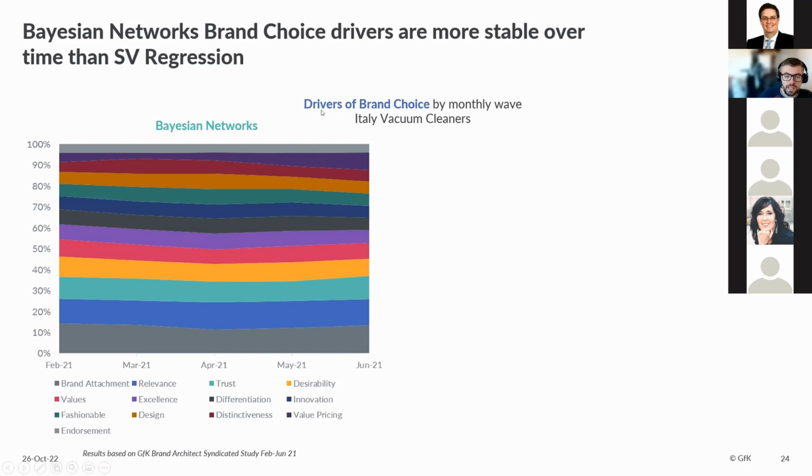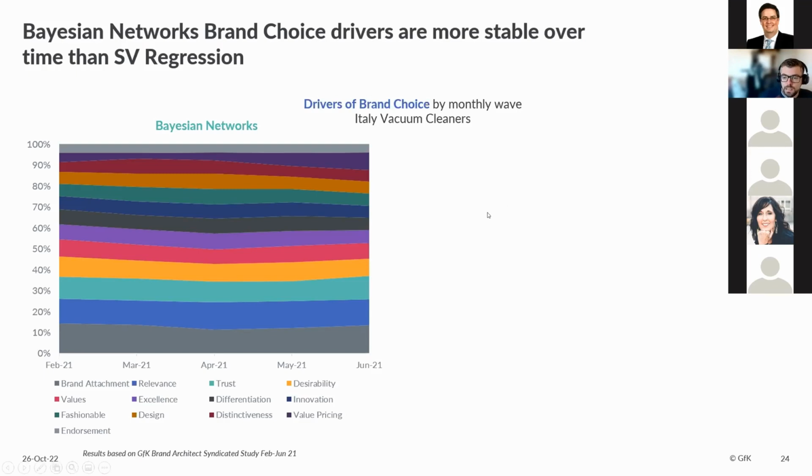And we're looking at here the drivers of brand choice amongst Italy vacuum cleaners. And we can clearly see that the model is very stable across the months. And given that we're only looking over a 5-month period, we wouldn't expect the importance of these perceptions to be dramatically changing in such a short time period.